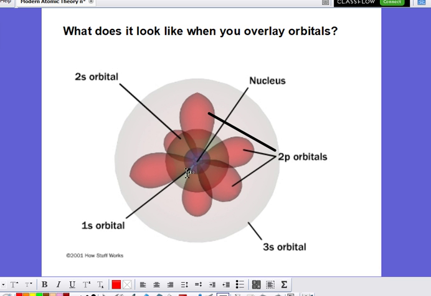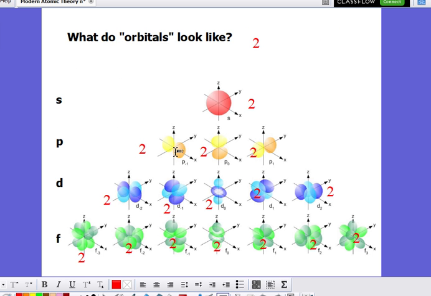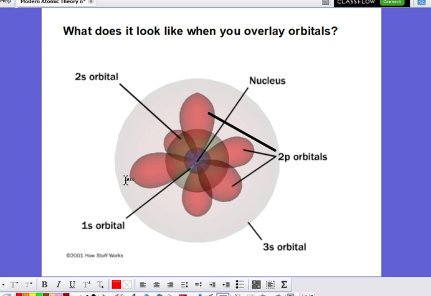I have a sphere in purple here, and then another sphere, another s orbital, and then those weird P shapes. So the P's were these 1, 2, 1, 2, 1, 2. And look, here we have them. 1, 2, top down, 1, 2, front, back, 1, 2. So they slowly build up around the nucleus, and these orbitals each can hold 2 electrons.